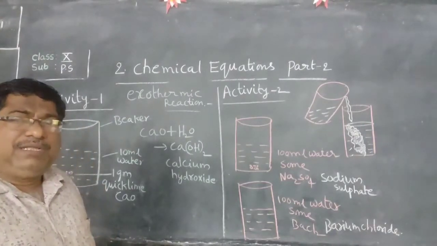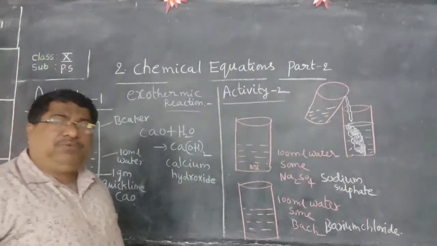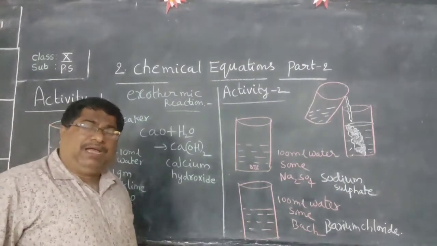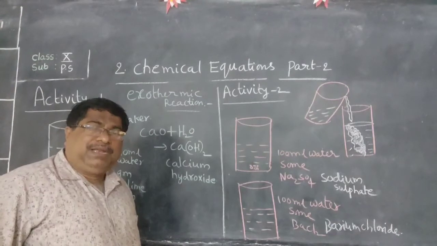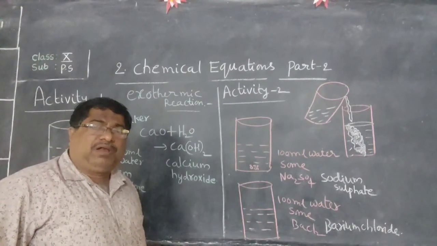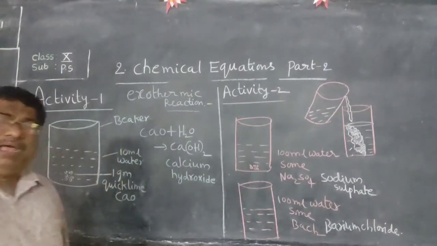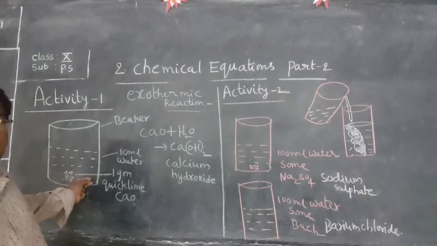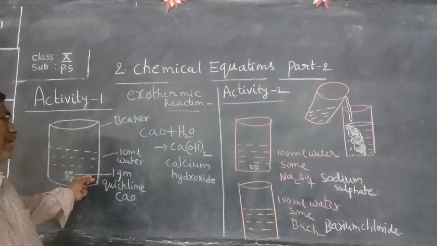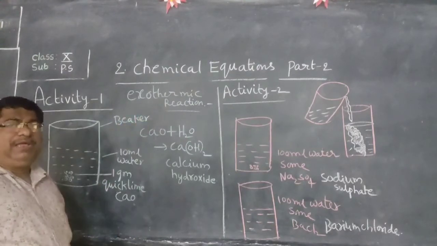Simple definition: the chemical reaction in which heat is liberated, released or emitted is called an exothermic reaction. In this reaction, heat is emitted, so that is the reason why this reaction is called an exothermic reaction.